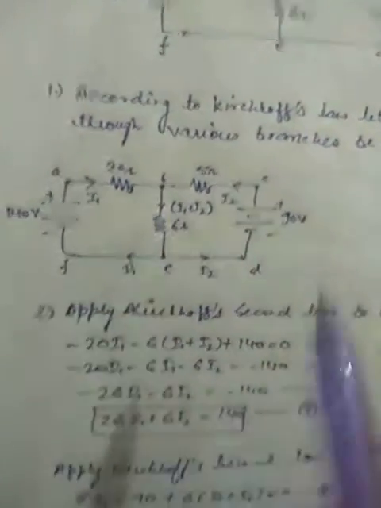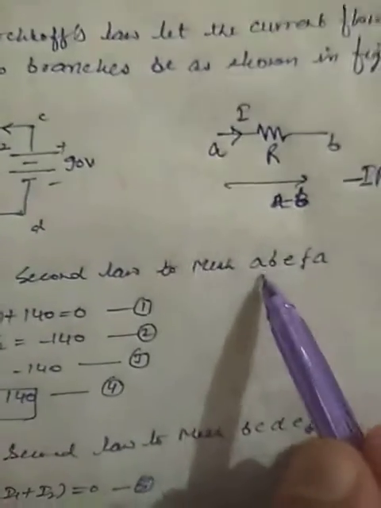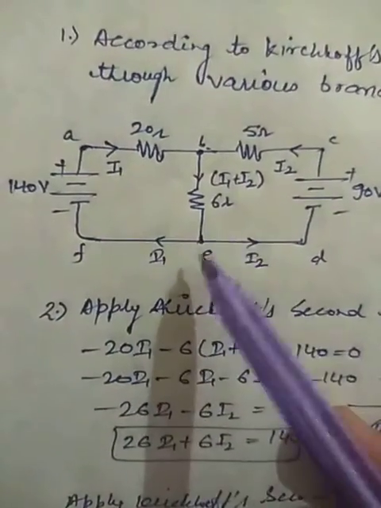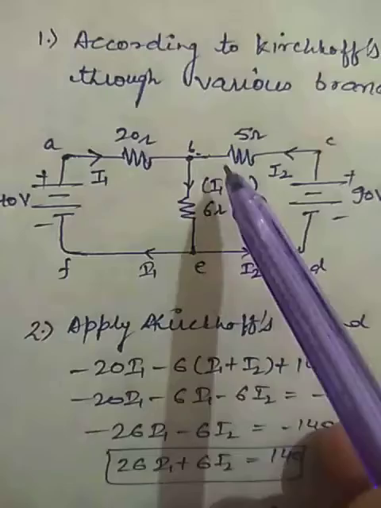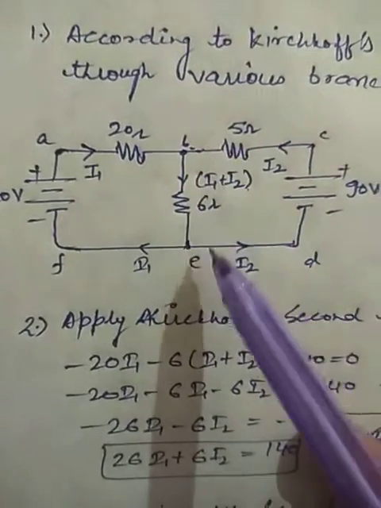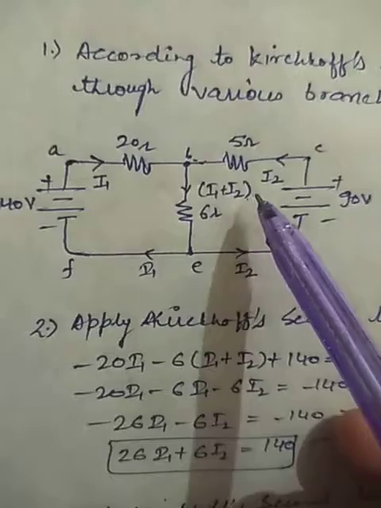So here the current is flowing in the same direction, so we will take minus 20 I1. From B to E, tracing from B to E, there is I1 plus I2 current flowing through the 6 ohm resistance. The direction of current is in the same direction, so B to E sign will be negative. So minus 6 (I1 plus I2).